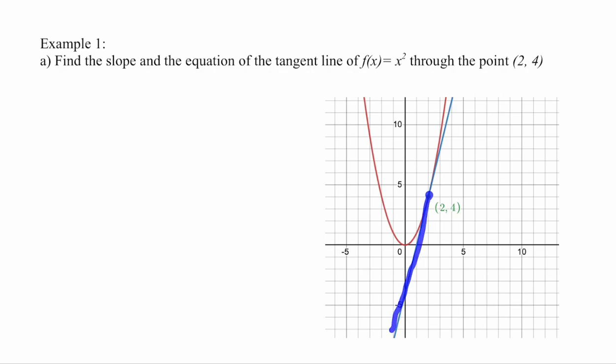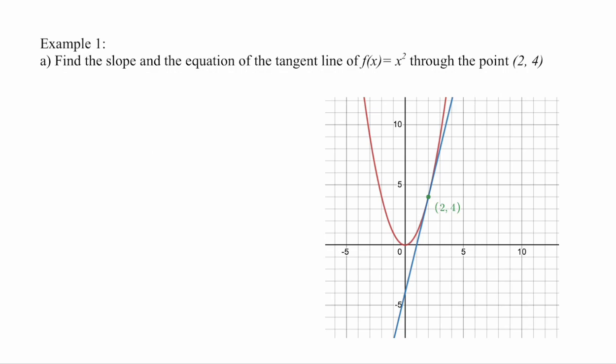Do your very best to skim across the graph, hitting the point 2, 4. If your point 2, 4 isn't highlighted, make a dot there, and then guesstimate how you would skim across the graph nicely. Mine is the exact tangent line because I know how to find that. But for now, guesstimate, get your graph as quick as you can.